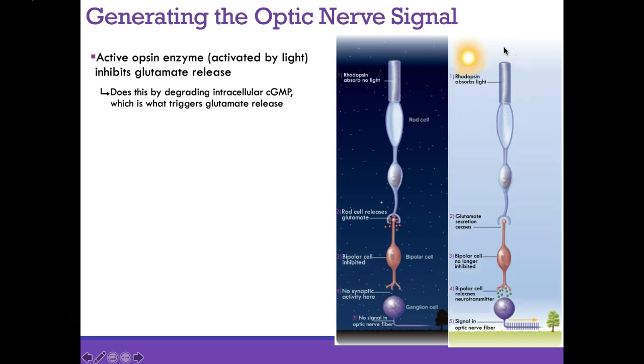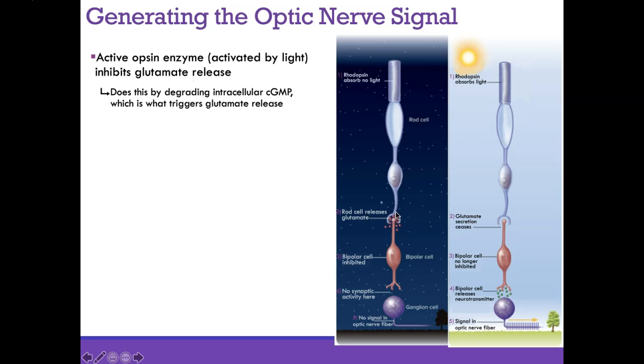So when light is absorbed by the rhodopsin, we said that retinal changes its shape, right? That's what really happens first. So light hits rhodopsin, the retinal changes its shape, which activates the opsin enzyme. That opsin enzyme inhibits glutamate release from the rod.